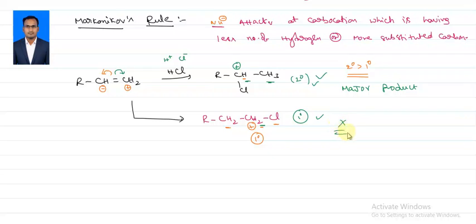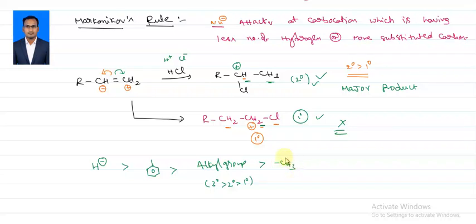So it is to be forming. It is not forming according to Markovnikov's rule, right? The carbocation can undergo rearrangement to get stability. The rearrangement stability order is H minus. Remember, very very important: H minus is greater than benzyl, which is greater than alkyl group, that is tertiary greater than secondary greater than primary, which is greater than CH3.